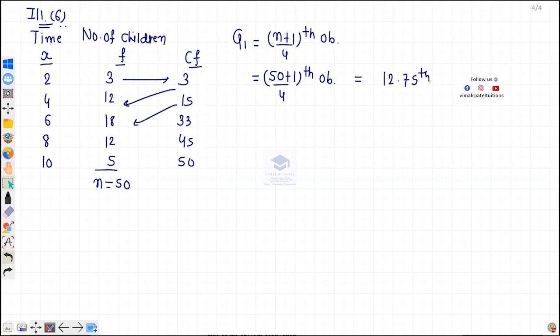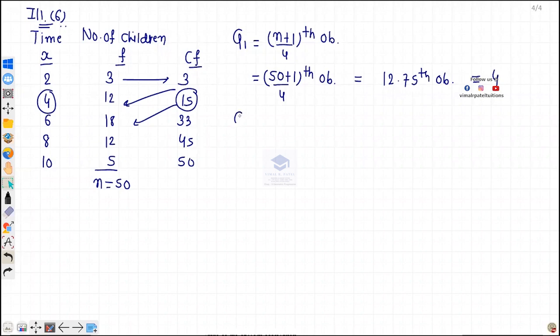We look for this in the cumulative frequency. 3 is less than 12.75, so the cumulative frequency that includes it is 15, and the respective x value is 4. So your Q1 is 4.